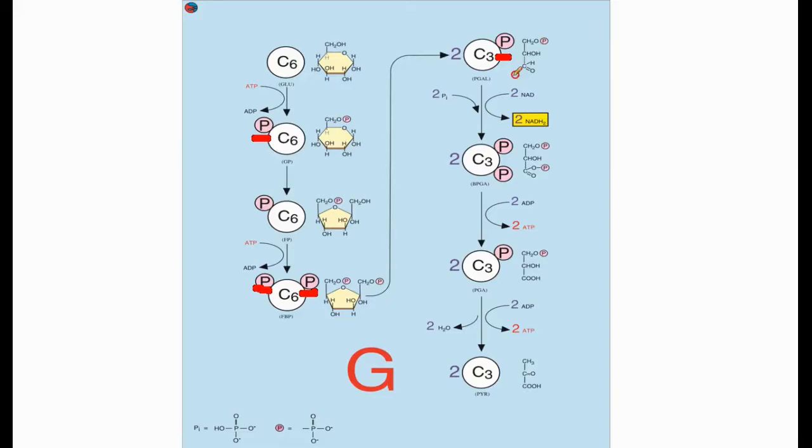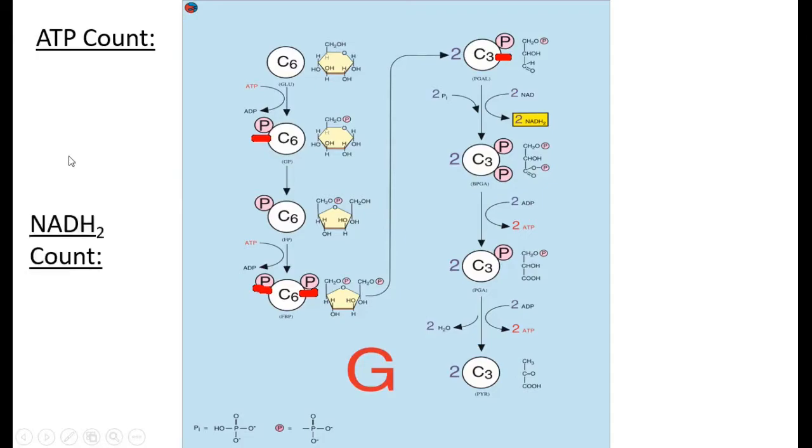So to keep track of is there going to be more ATP at the end or less ATP at the end, we are going to have an ATP count, and we're also going to check how much NADH2 is produced or taken in. So we'll also have an NADH2 count. We're going to go step by step and count the ATPs and briefly explain what's happening from each step. Here we go.